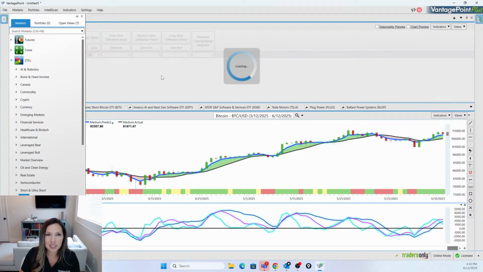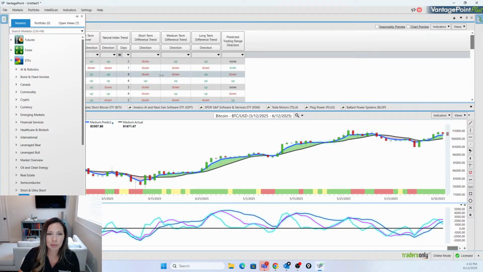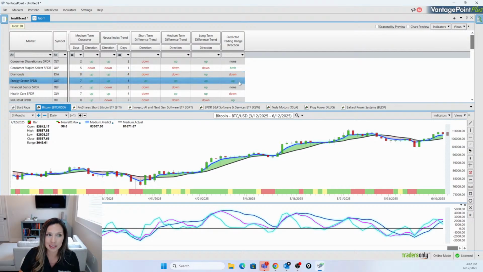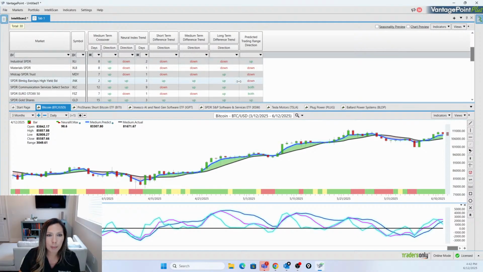Because what this is going to do is formulate a grid so we can see what areas of the market are moving up very strongly, right? The energy sector, anybody think some of the clean energy might be in that sector, right? And we can see then what's up across the board.